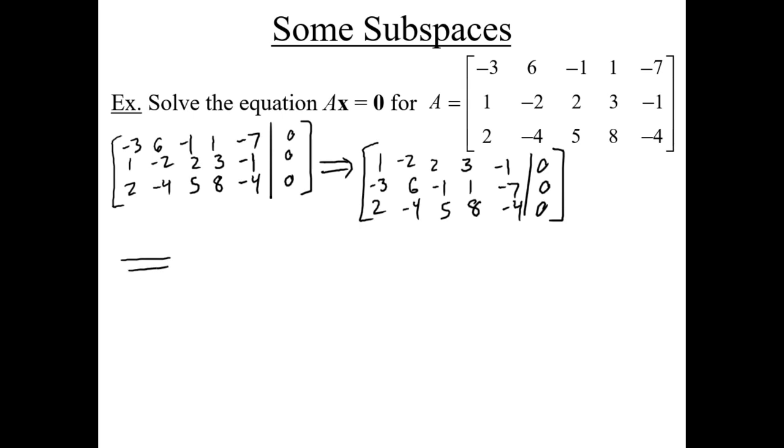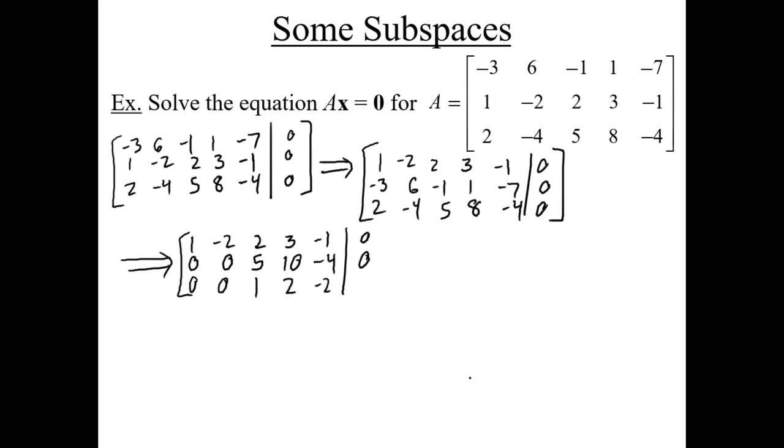Top row I leave alone. Next row, multiply the top row by 3 and add the second row. So this will be 5, 10, -4, 0. Okay, multiply the top row by -2 and add the bottom row. So 0, 0, 1, 2, -2, 0.